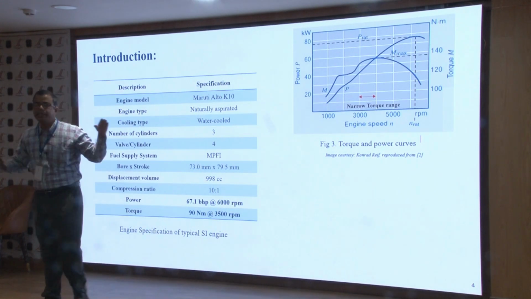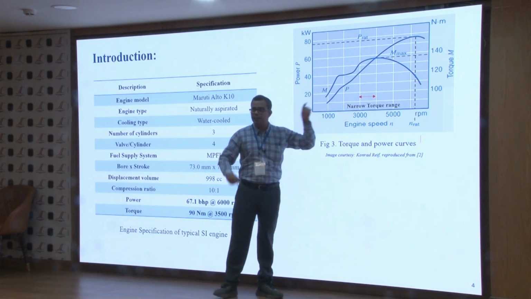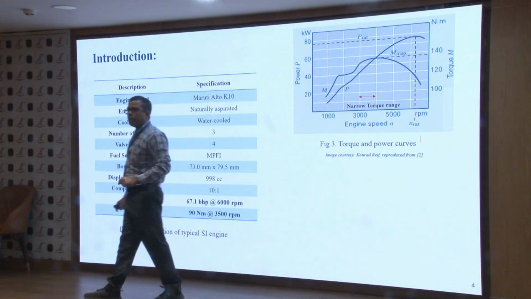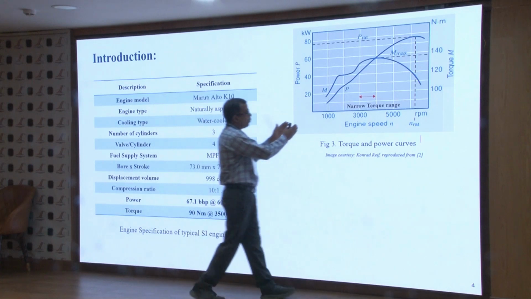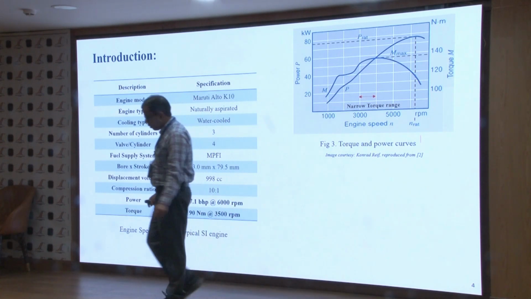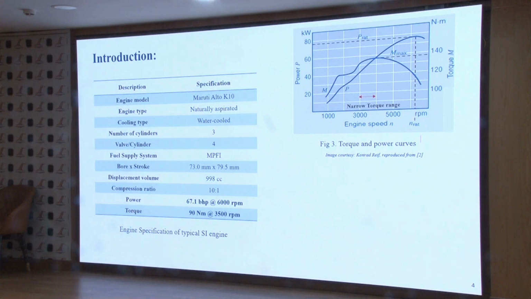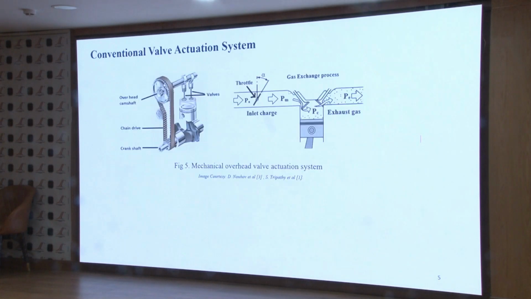Ideally, and practically it is very difficult, to get a rectangular shape of the curve. But can we flatten it, or widen the range of engine speed where we can get the maximum torque output? So the second question is how we can widen the range of speeds at which we can get the maximum torque output.